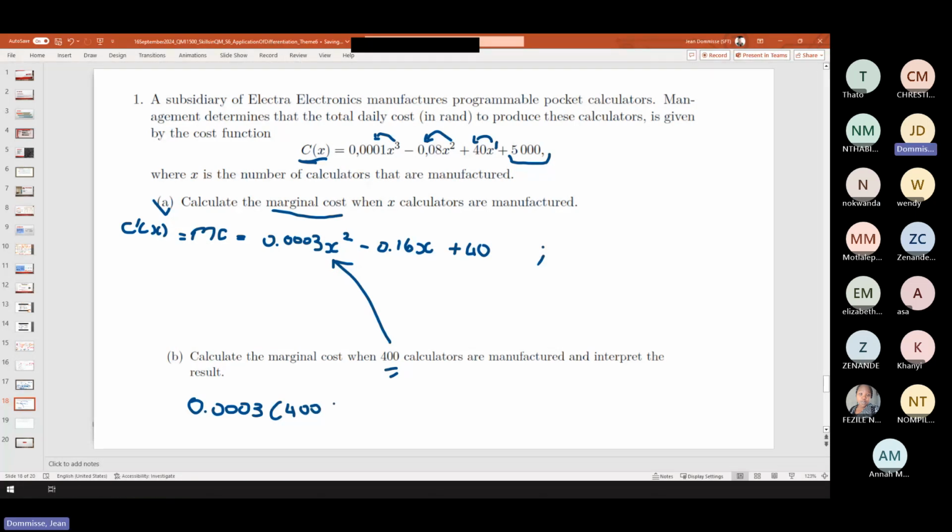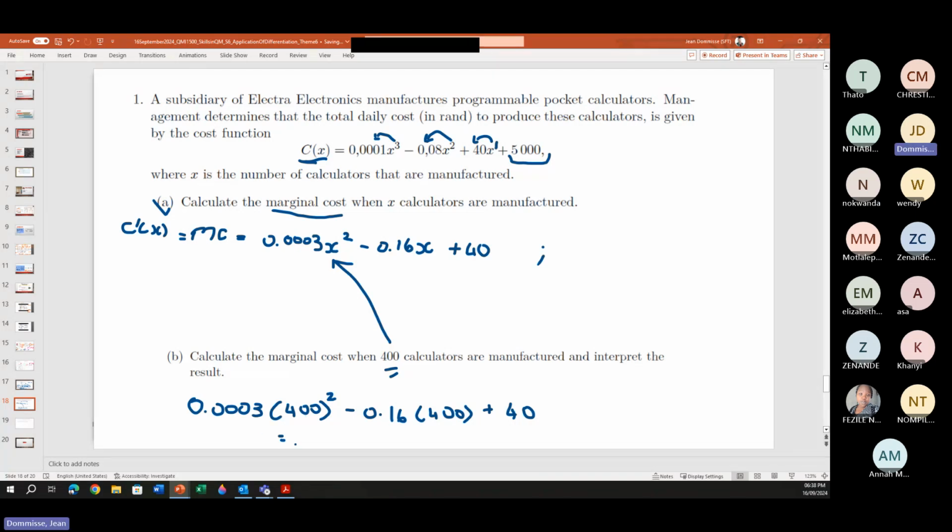To work out what is the marginal cost. And when we do that, it's 400 to the power of 2, which gives you 160,000 times 0.0003.